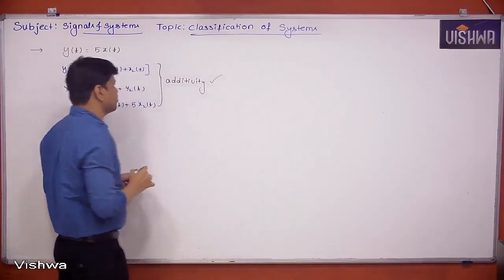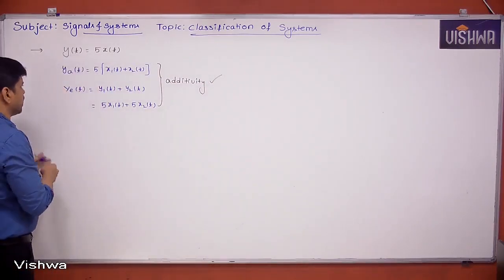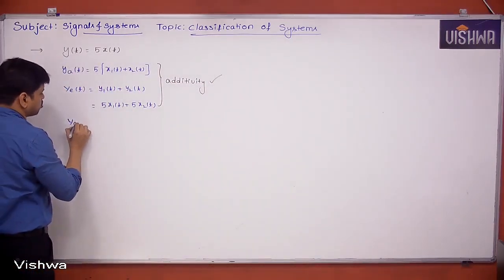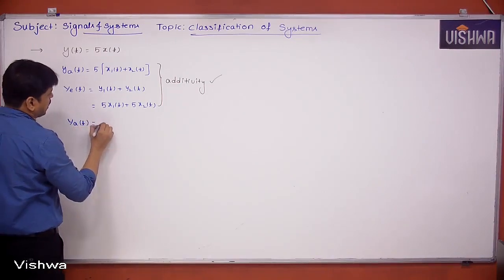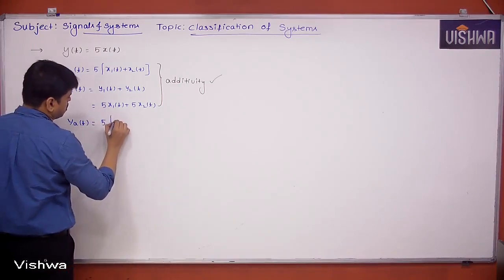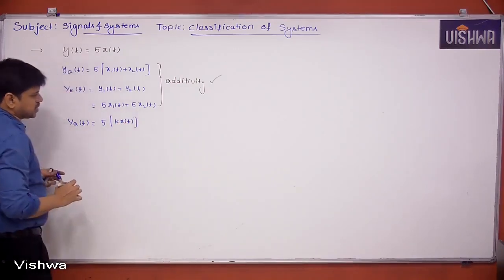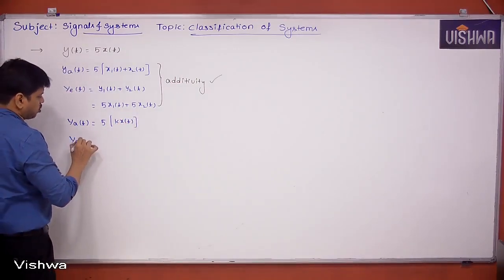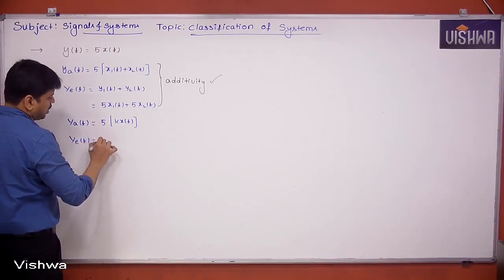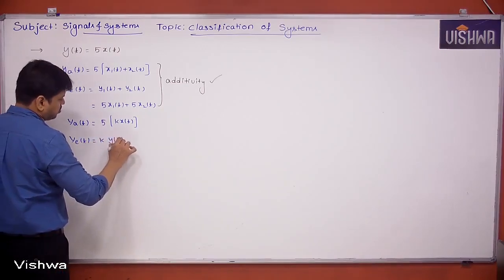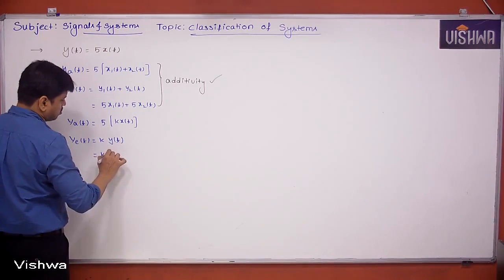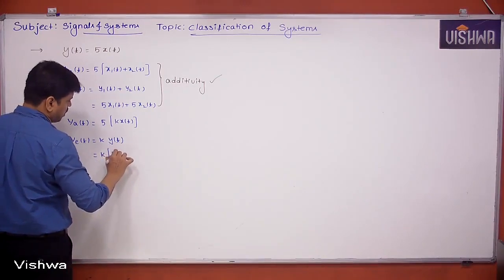Additivity is okay. Next, homogeneity I am checking. To find the actual output, replace x with kx: 5 into kx of t. Then what is the expected output? k y of t, which is k into 5x of t.